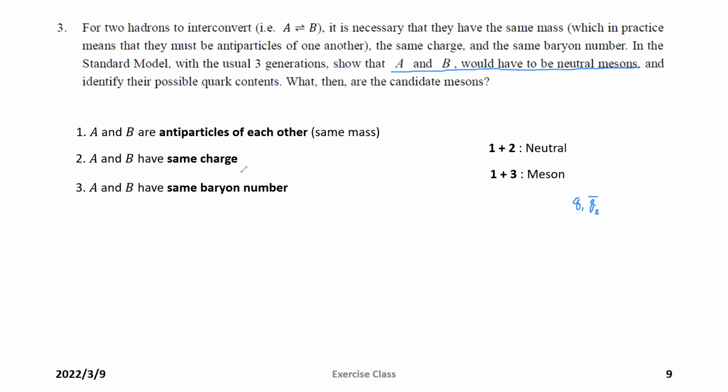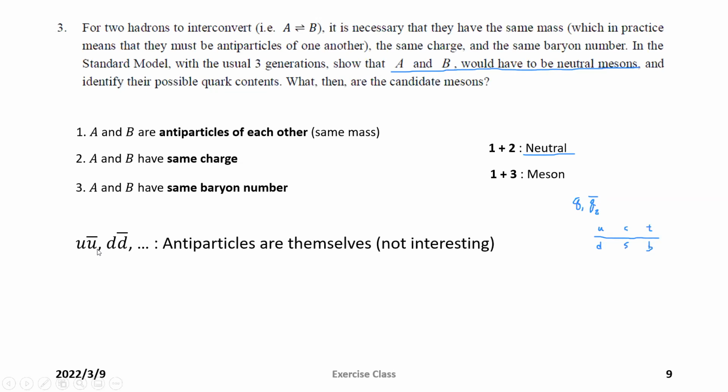And since we require it to be neutral, Q1 and Q2 should be in the same row. So one possibility is that we have UU bar and DD bar, CC bar, etc.